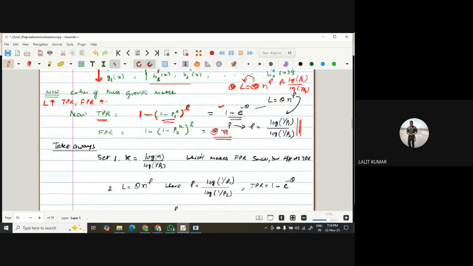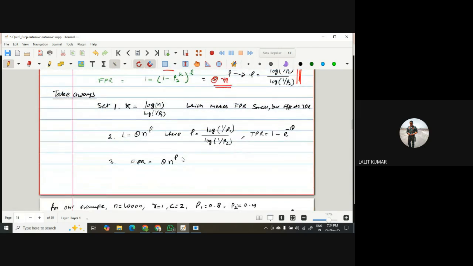So what are the main takeaways? For LSH, first we sort out k. k is equal to log of n divided by log of 1 by p2. By this we have reduced FPR, but your TPR also decreases.